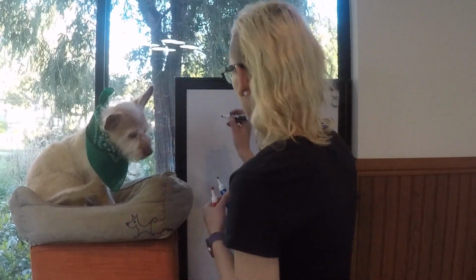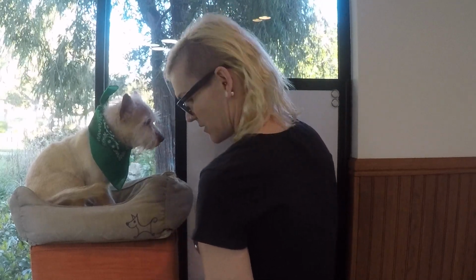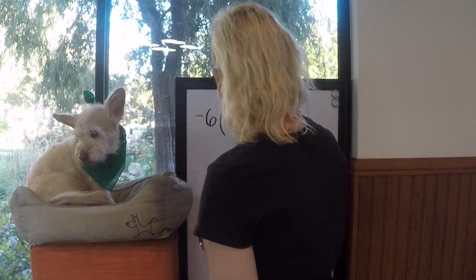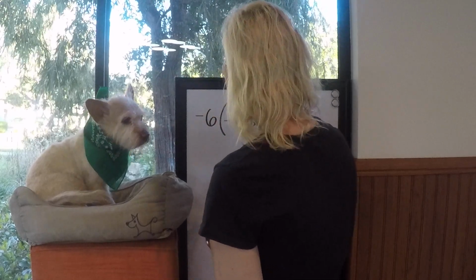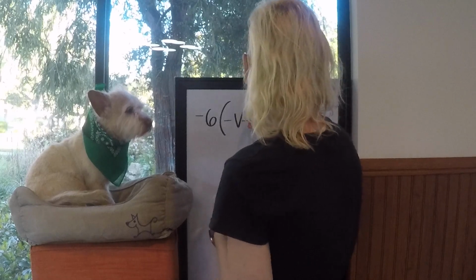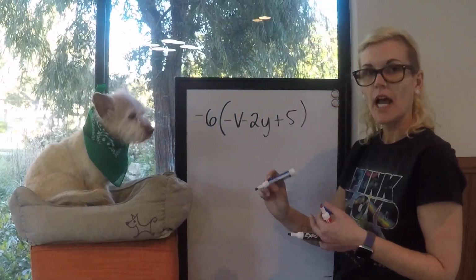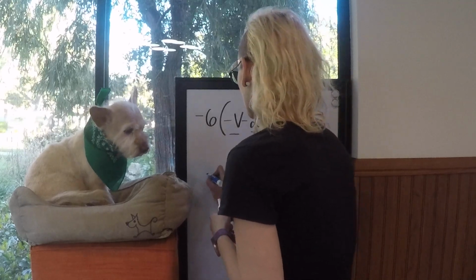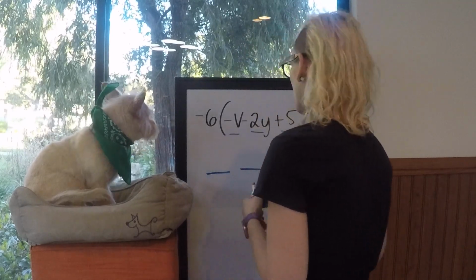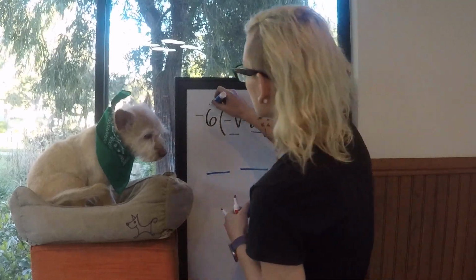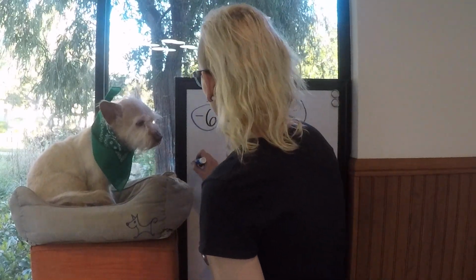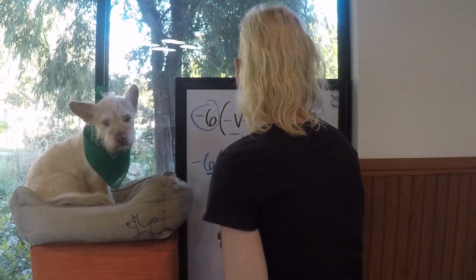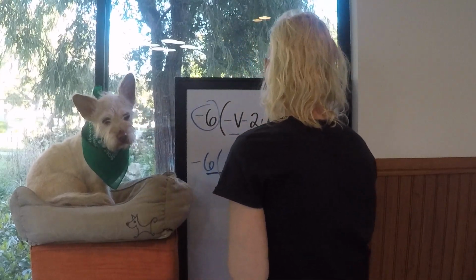Okay, so the next one, I have negative 6 multiplied to negative v minus 2y plus 5. So my rule, however many terms are on the inside, that's how many terms are going to come out. The negative 6 is what's being distributed. So I'm going to set that up.